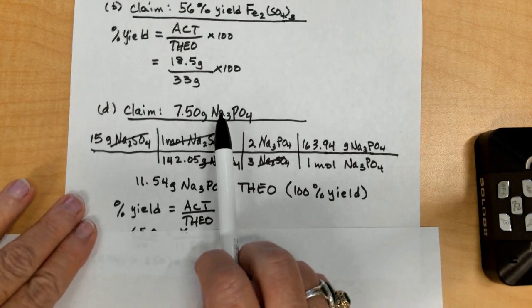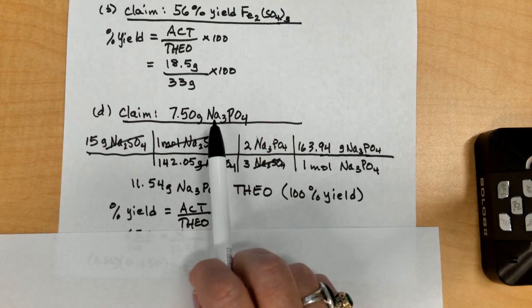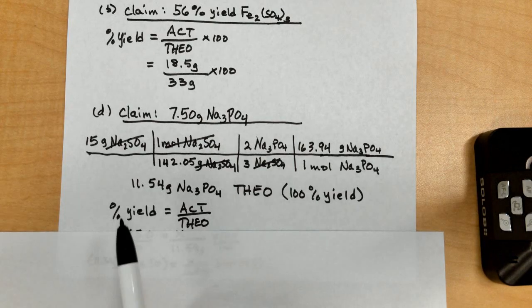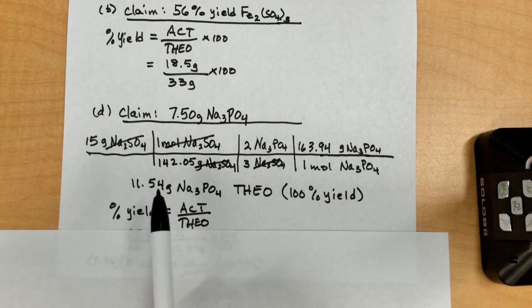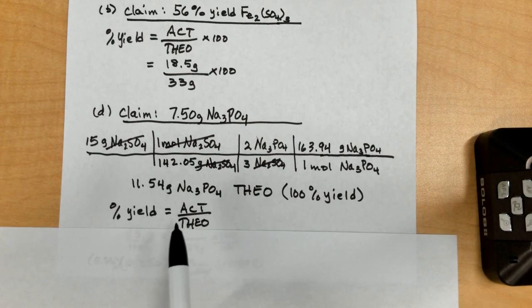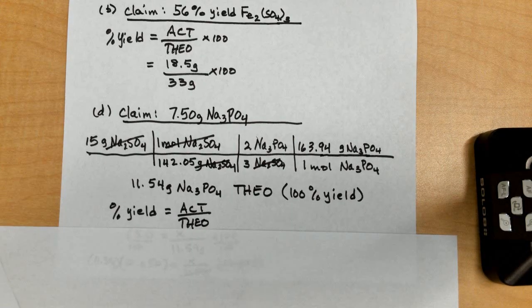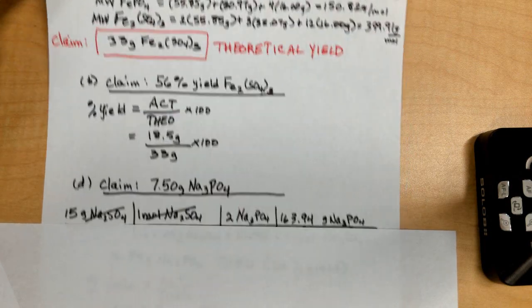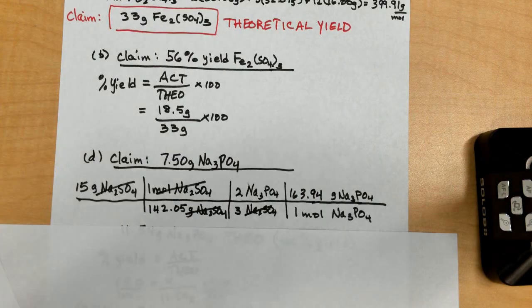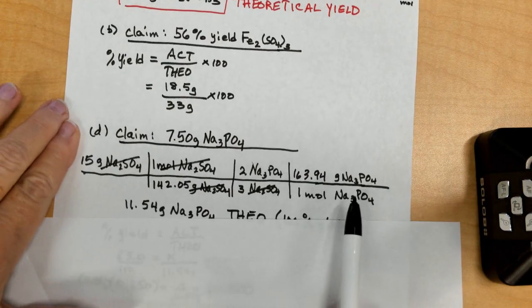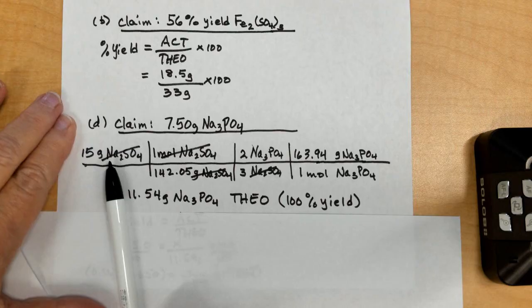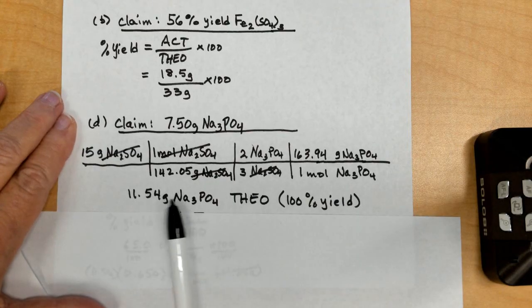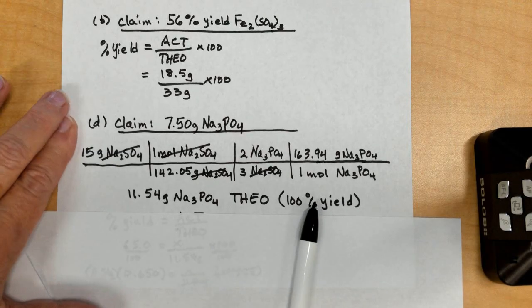If I was going to do it in the lab, I would only make that much. Theoretically, I should be able to make 11.54 grams. And that's based off of what we did earlier. If I have 15 grams of sodium sulfate, I'm going to make 11.54 if it's 100% yield.